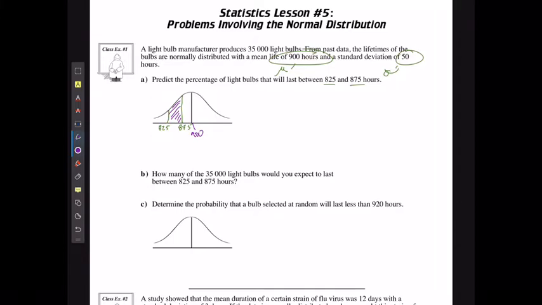Now, the first thing I need to do is figure out what the z-scores are going to be.